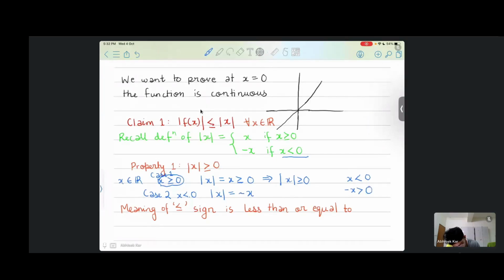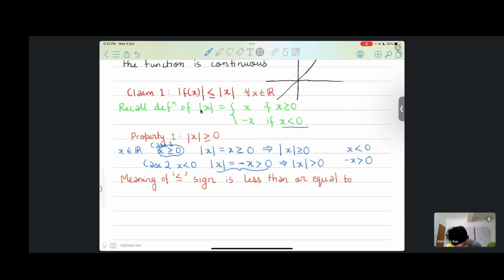Combining this, we get mod x is greater than 0. So since mod x is greater than 0, you can actually write mod x is greater than or equal to 0.